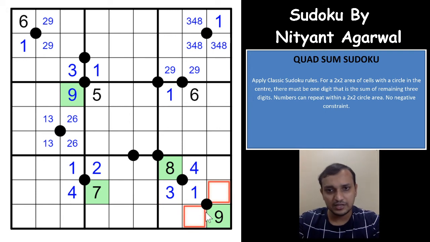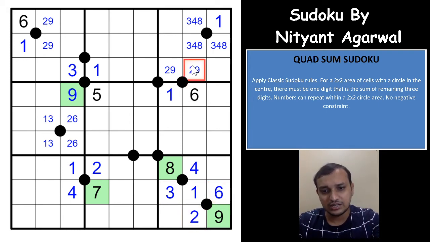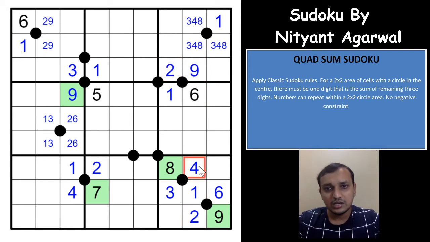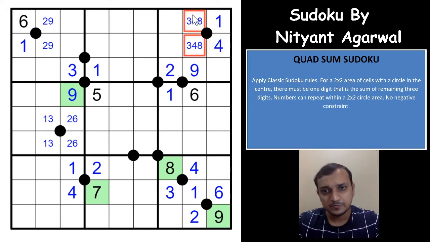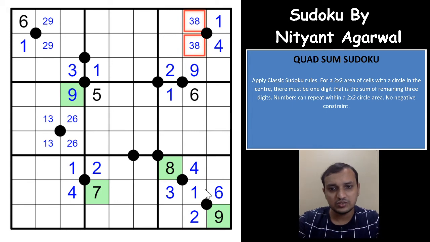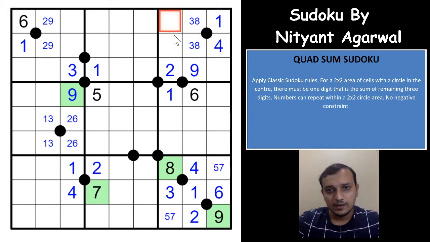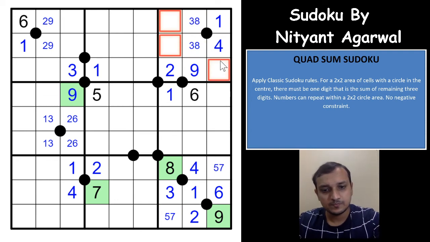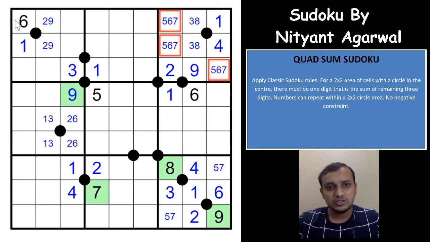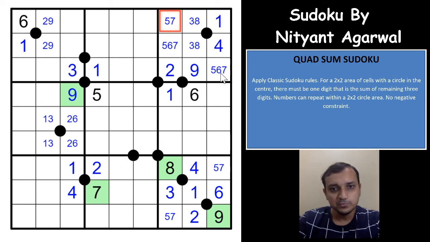No other possibility, right? So this 6 gives you a 2 here, a 6 here, that gives you a 9 here, a 2 here. That 4 gives you a 4 here, and eliminates 4 from these 2 cells. This is 5 and 7, right? And this is 5, 6 and 7. This 6 eliminates 6 from this cell.